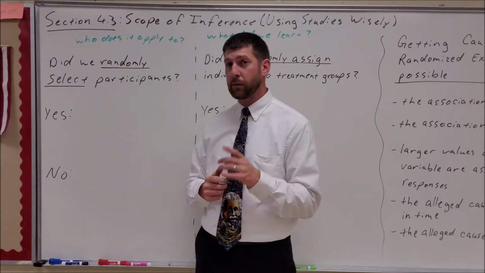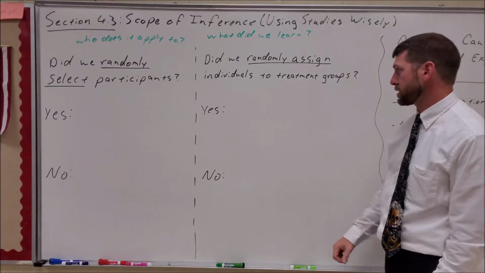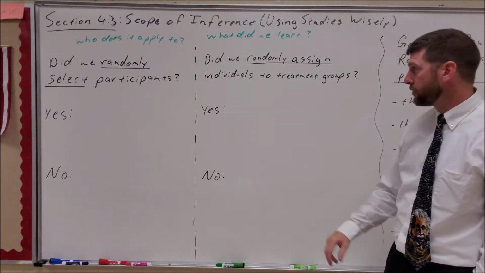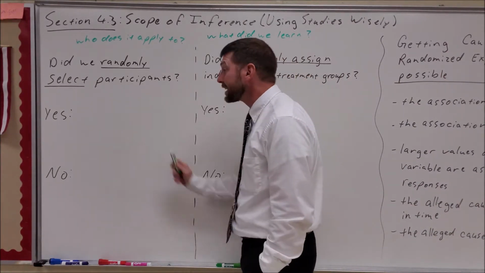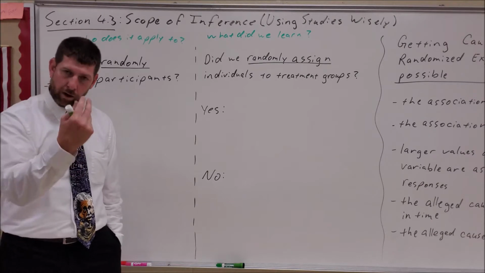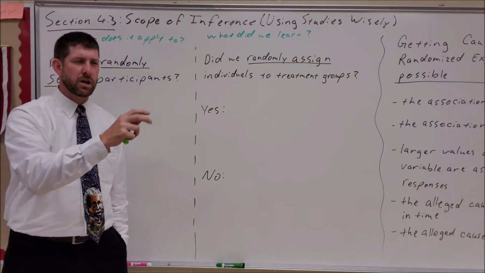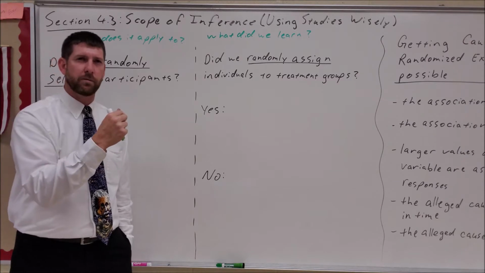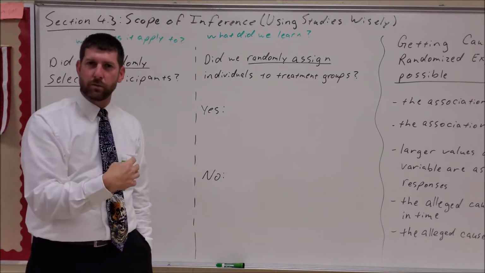The two questions that will answer that are these two. Did we randomly select the participants for the study, and did we randomly assign individuals to treatment groups? So why do we care about randomly selecting participants for a study? Well, as we talked about before, randomization helps us control those other little influences, those things that cause us to not accurately represent what's going on, right?